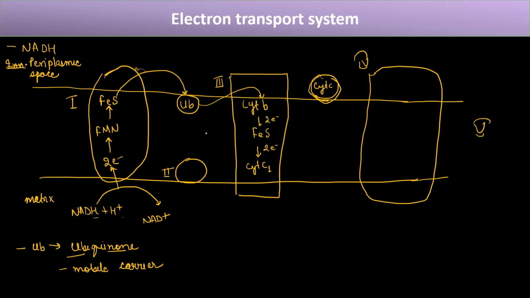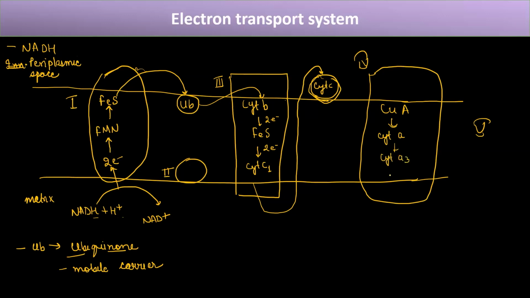And then from cytochrome C1 it goes to cytochrome C. And from cytochrome C, it goes to the complex 4 component that majorly comprises copper, CuA. Then from here it goes to cytochrome A, then A3.